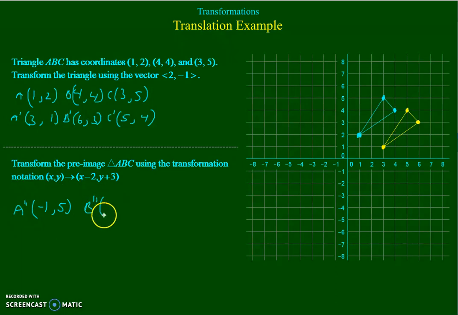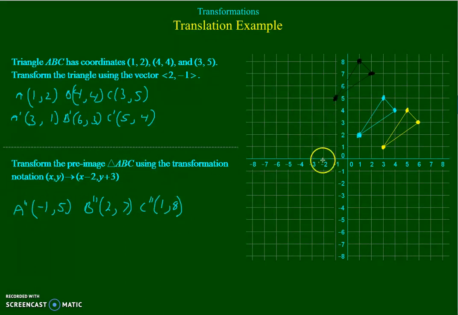B double prime is 4 minus 2 is 2. And 4 plus 3, 7. C double prime is 3 minus 2, 1. And 5 plus 3, 8. So let's go ahead and plot those now.